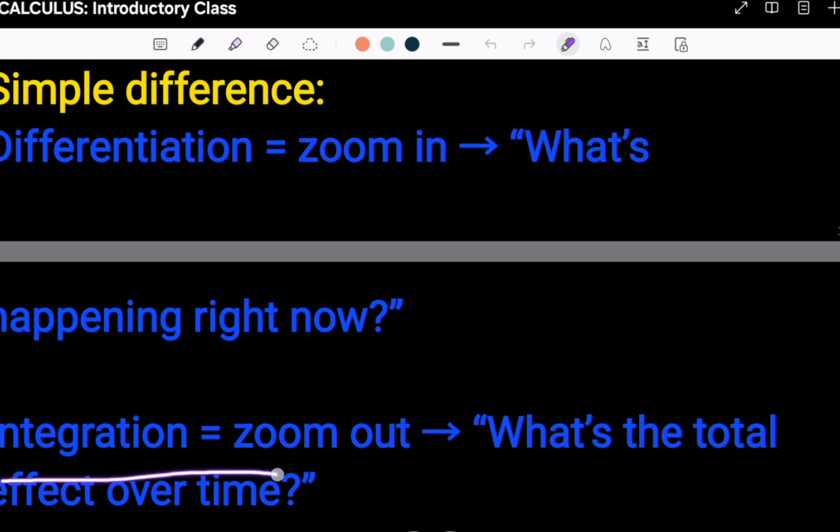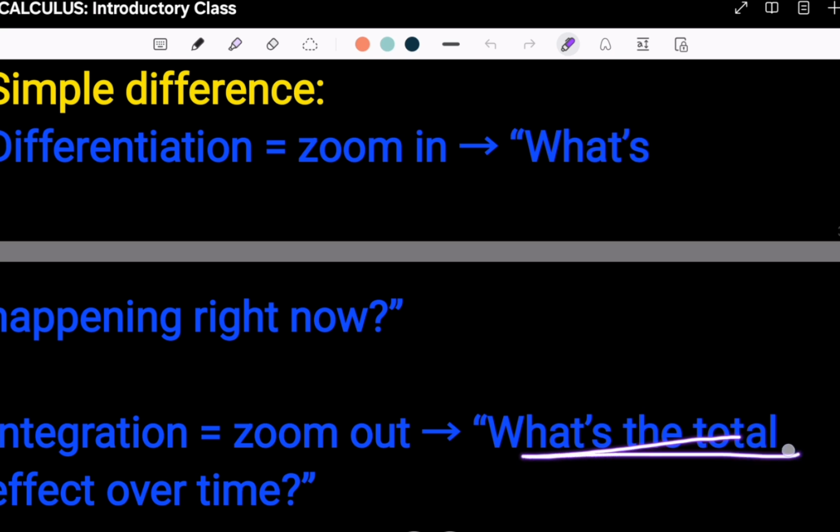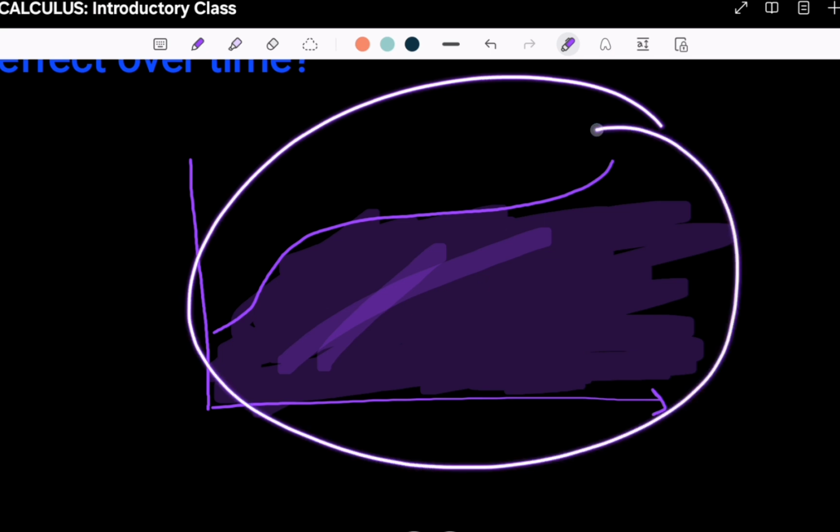But in the case of integration, what's the total effect over time after this rising and falling of the drug? What is the total effect on the body over time? That we can calculate from integration. You can relate both integration and differentiation with this curve.